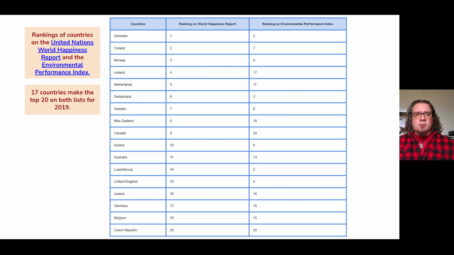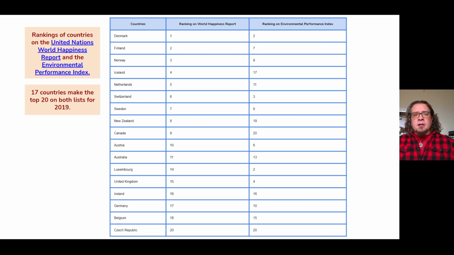The first one ranks based on a collection of various indices that suggest that life is... I don't know if happiness is actually the right word there, but the amount of stresses that people have to deal with. It's actually focused a little more on that, right? So they look at all these different markers of socioeconomic stressors and ecological stressors too. That's part of it.